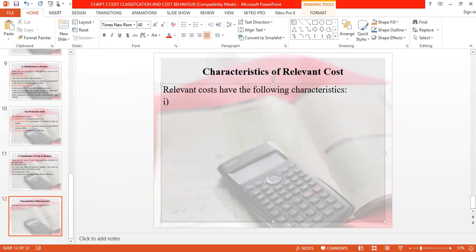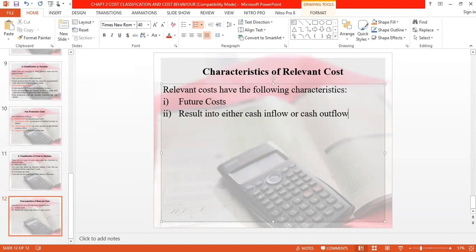Number one, they are future costs. Find out what is the meaning of that. Number two, they result into cash flows, into either cash inflow or cash outflow.